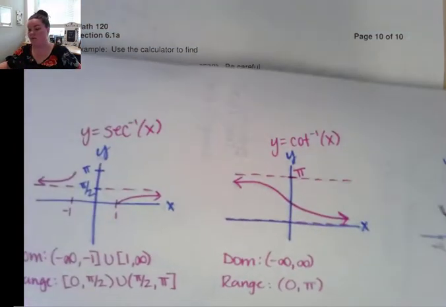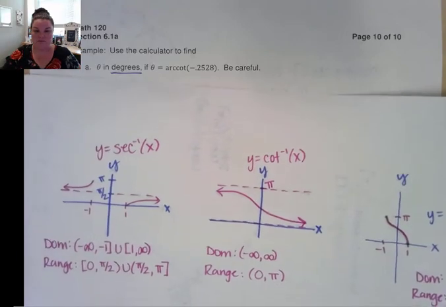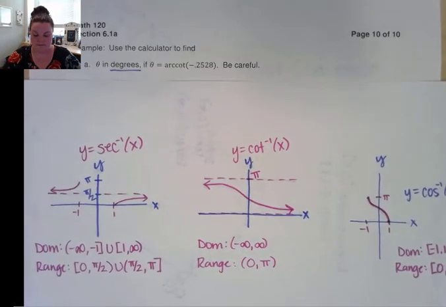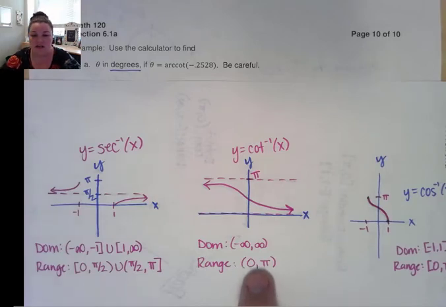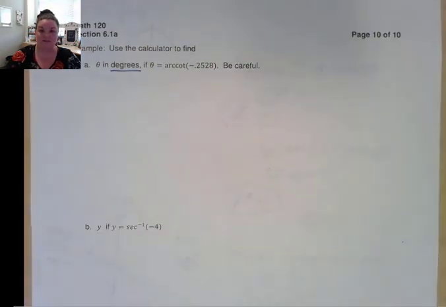So I'm going to go ahead and go back to my little page here where we graphed all of them and look and see that arc cotangent, the range of it is anything from 0 to pi. Okay, so we have to figure out an angle that's between 0 and pi that gives us this value.